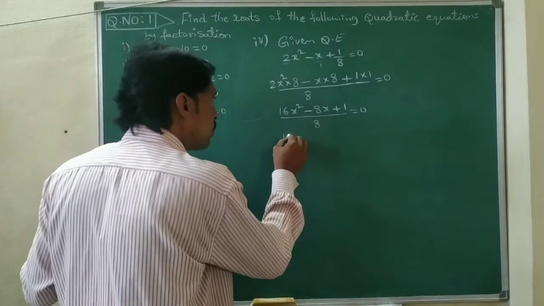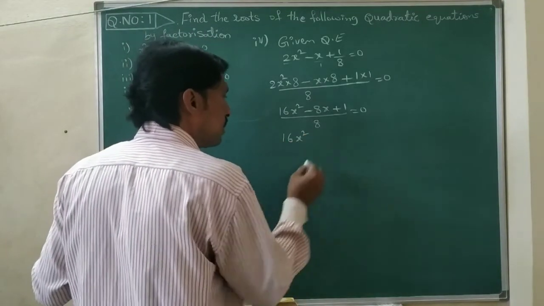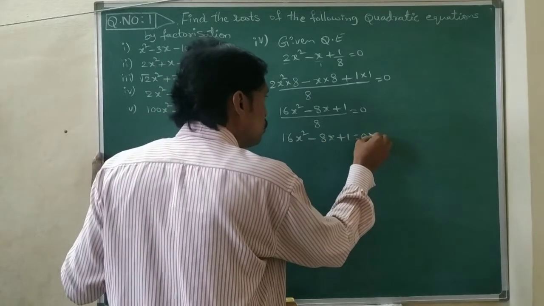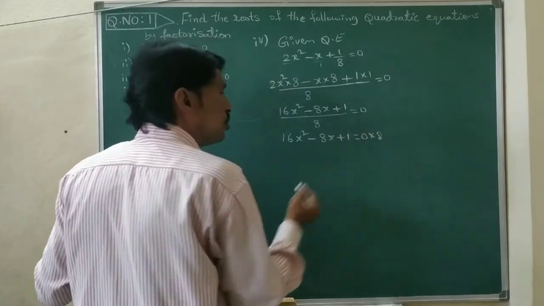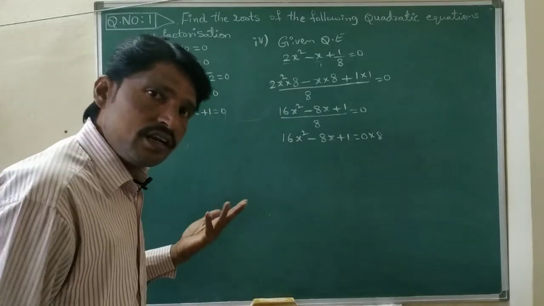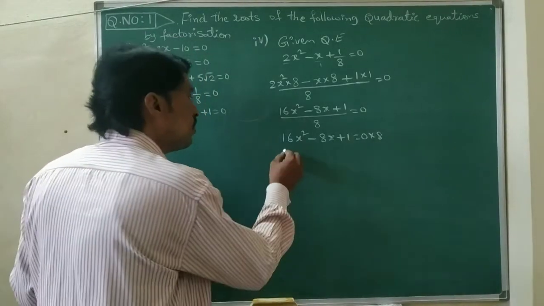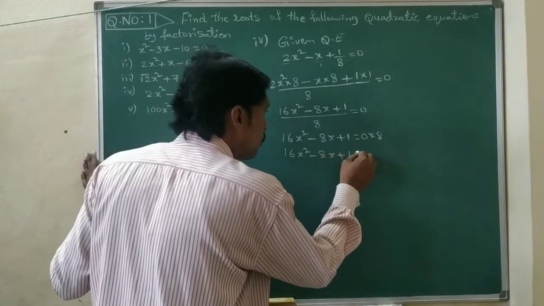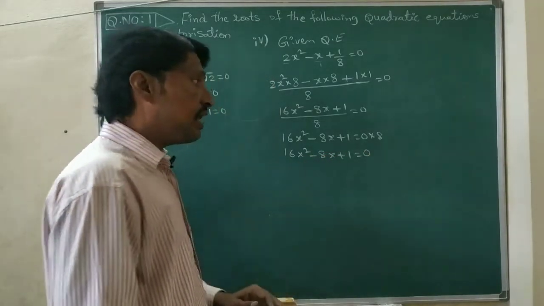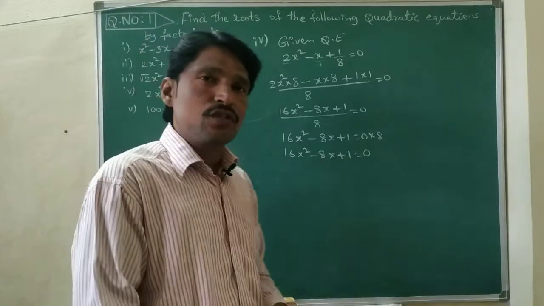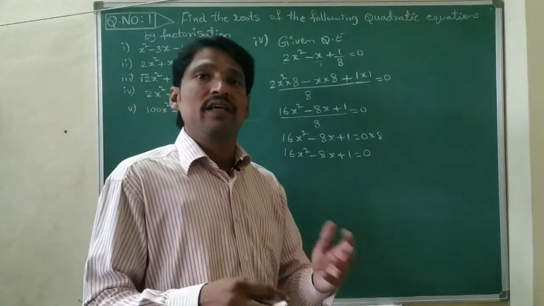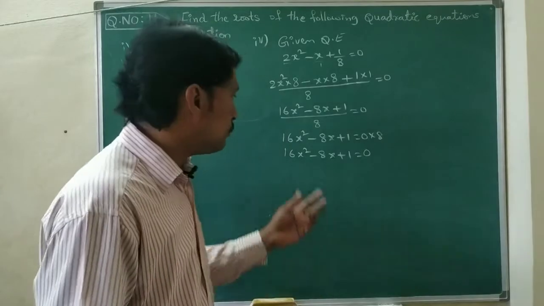So we are transposing, means 16x square minus 8x plus 1 equal to 0 into 8. 0 into 8 is nothing but 0. 16x square minus 8x plus 1 equal to 0. Now we need to factorize this one. Now we got the ax square plus bx plus c equal to 0 type.